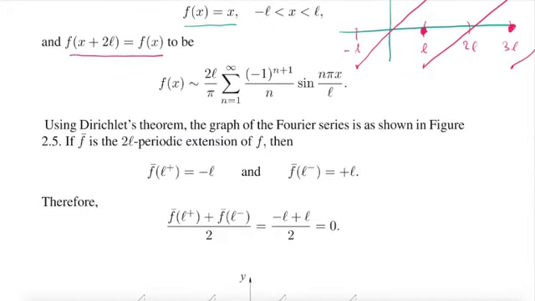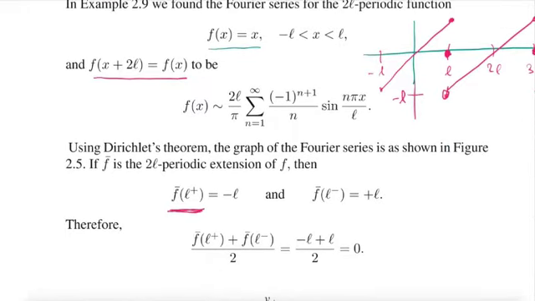Now mathematically, we take the periodic extension f bar and evaluate it at L from the right. So here we are now at this point, and there the function is minus L. If we look at the periodic extension at L from the left, we are up here, and we get plus L. So this means then the mean value of these points, this would be here, is minus L plus L divided by 2, so the mean value is 0, so that is a point indicated already here.